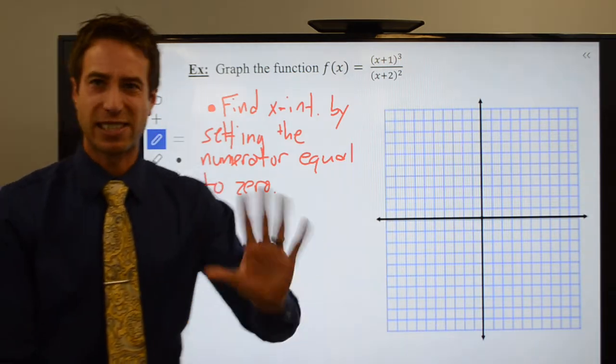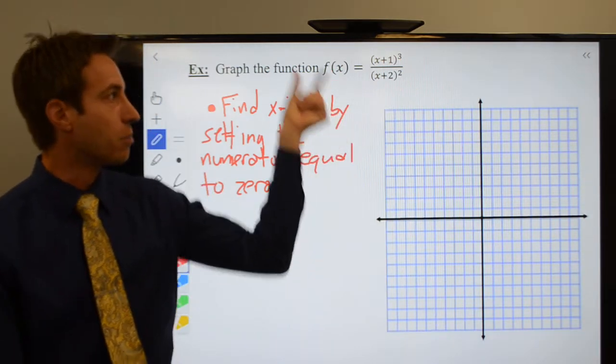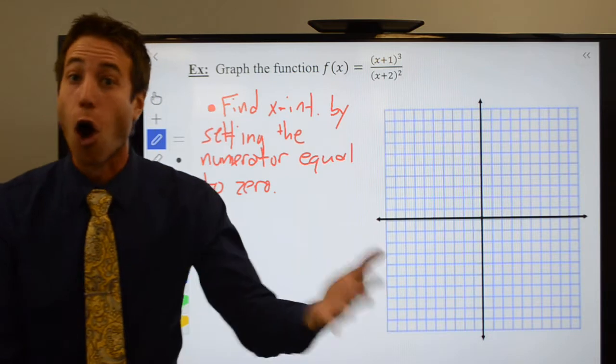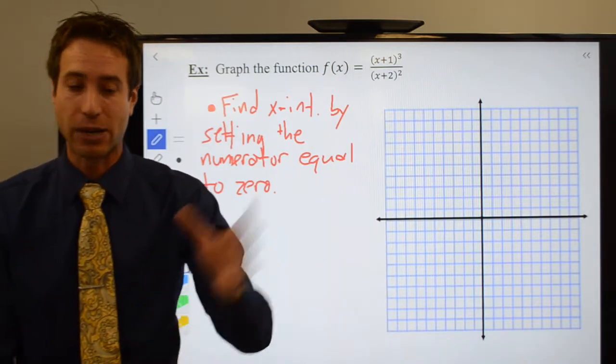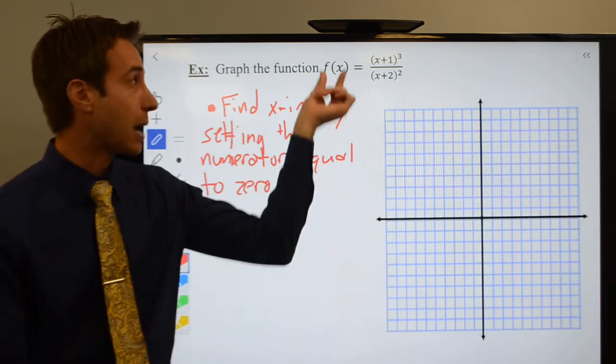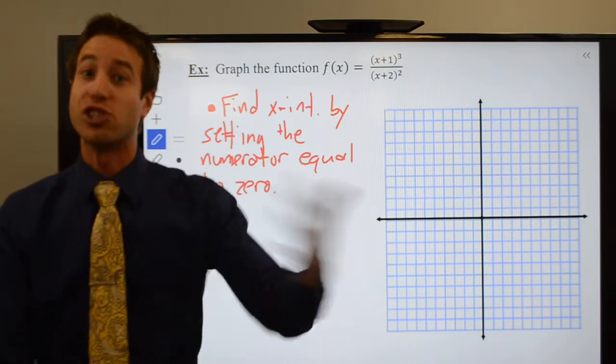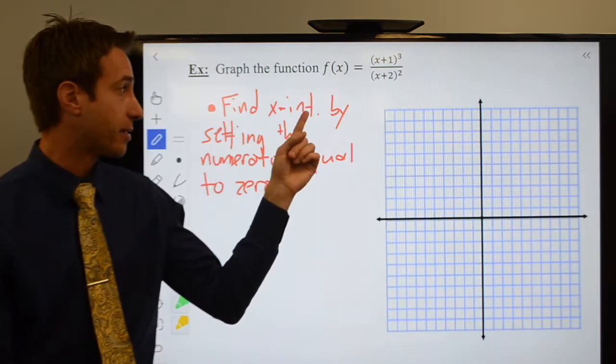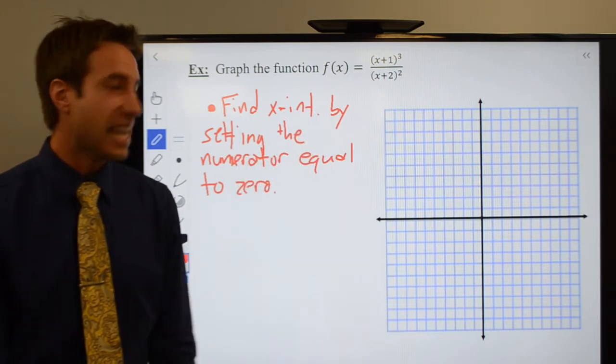Just skip that step where you set the whole thing equal to 0 and multiply the denominator to the other side, because denominator times 0 will always be 0, and you wind up every single time with 0 equals the numerator. So just skip straight to it. Find the x-intercept by setting the numerator equal to 0.